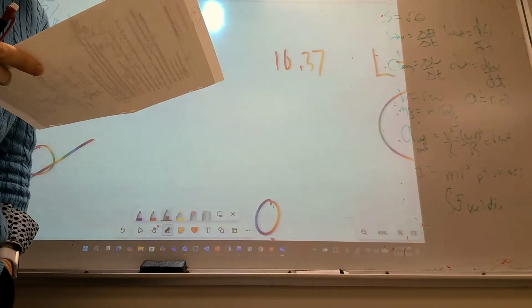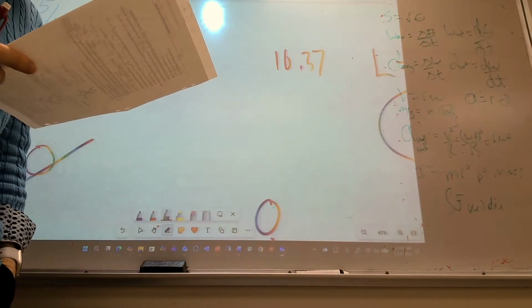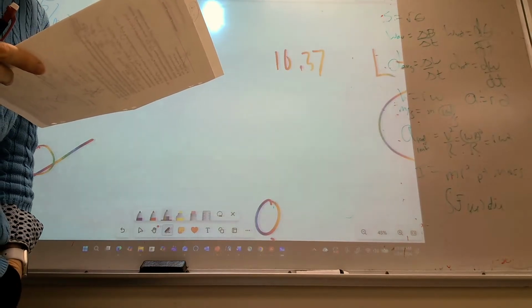You plug in for I, 0.8 mr squared. You cancel out your r's, just like before.